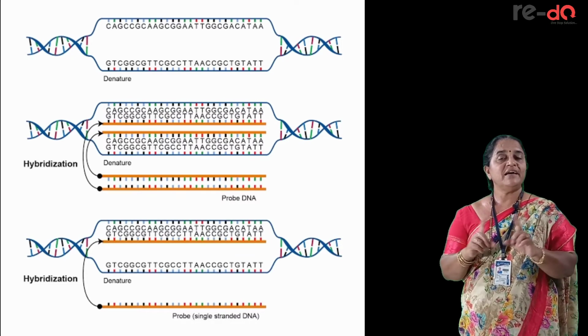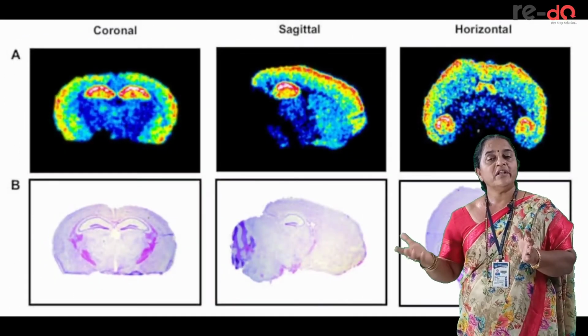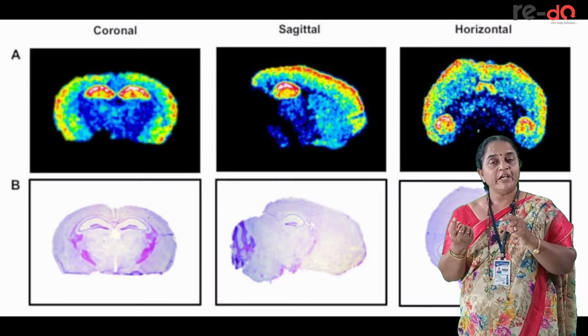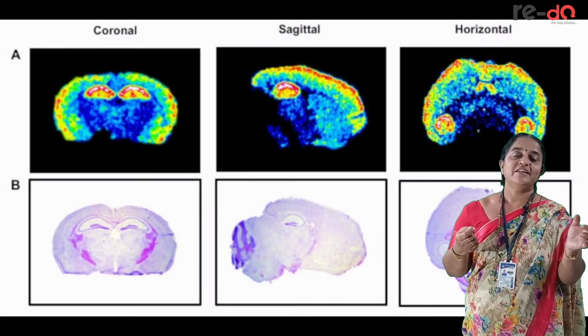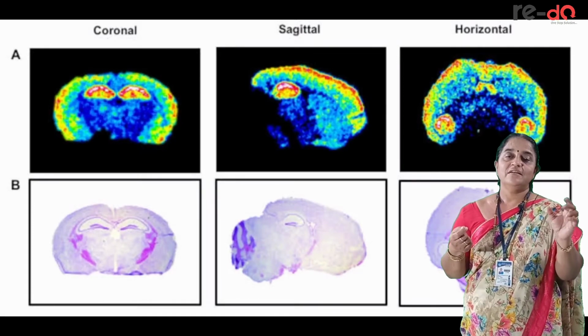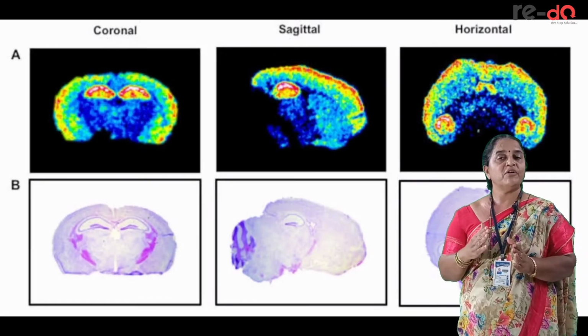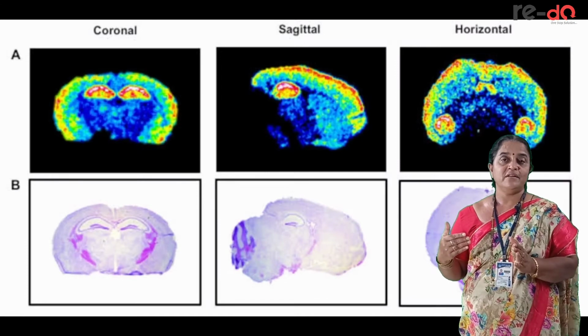Like this, hybridization is done, and by a technique called autoradiography, we can identify the pairing between the radioactive synthetic DNA and the natural DNA nucleotide. By this we can count the number of adenine, guanine, cytosine and thymine.